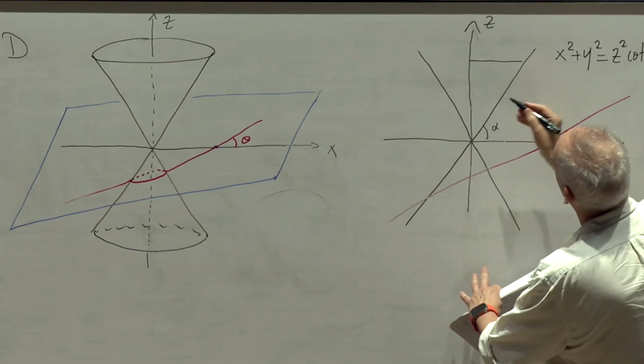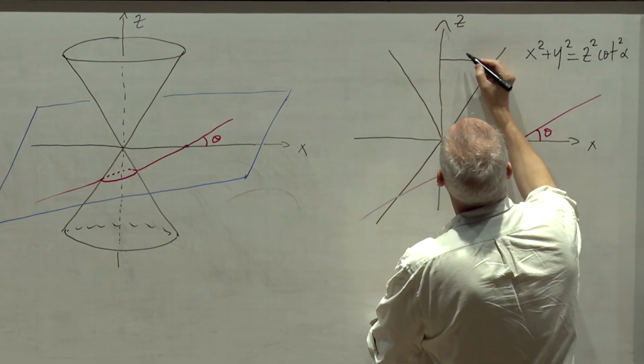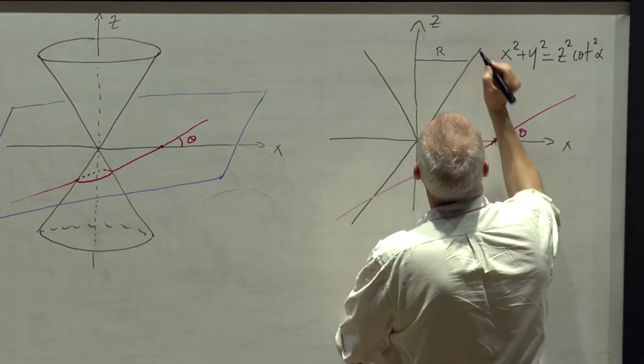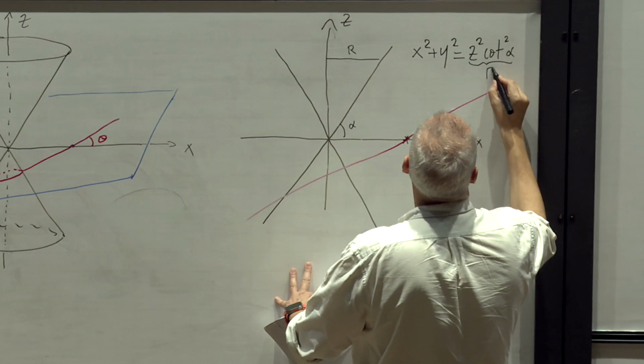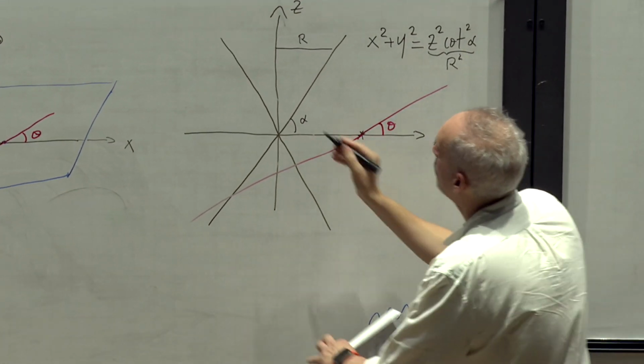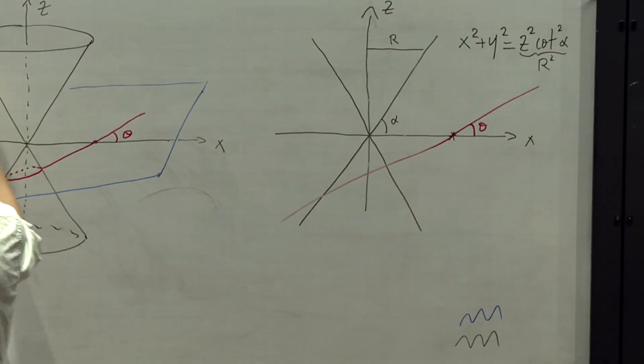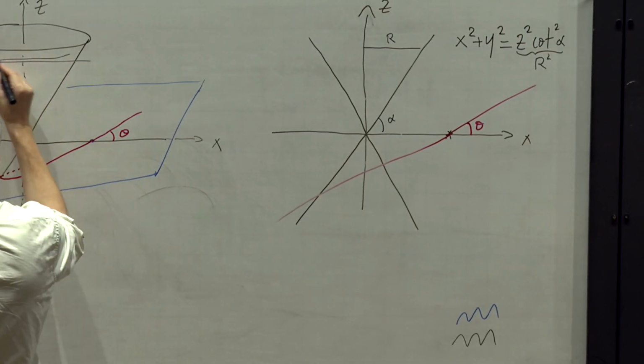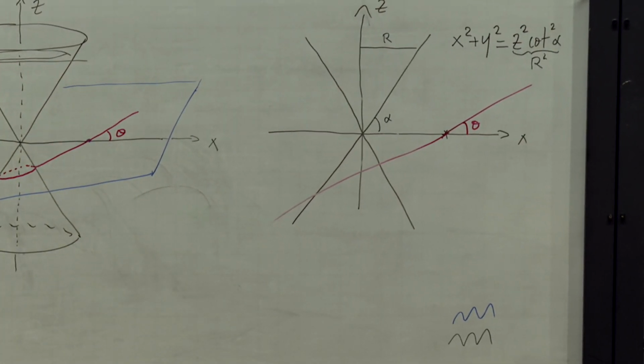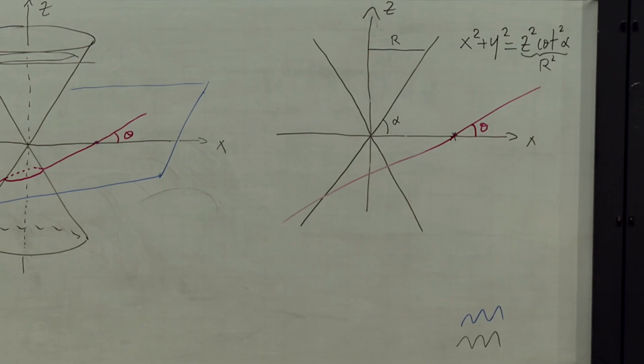You can easily convince yourself that this here is r, this is r squared. And so when you take a cross section here, at least it's a circle. So we have the circle already, but we want to do much more, of course.